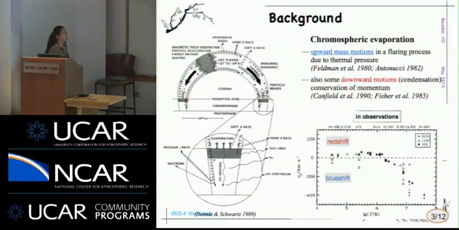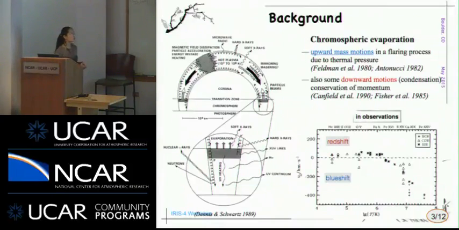Once the hot evaporating plasma cools down, we see the post-flare loops in soft X-ray and EUV passbands. In observations, chromospheric evaporation, namely upward mass motions, can be measured as Doppler blue shift in spectral lines, and the downward mass motions, condensation, can be measured as Doppler redshift in spectral lines.